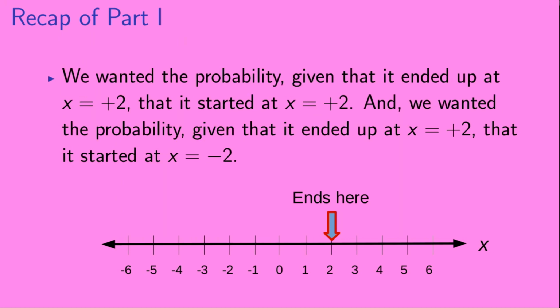We wanted the probability, given that it ended up at x equals plus 2, that it started at x equals plus 2. And we wanted the probability, given that it ended up at x equals plus 2, that it started at x equals minus 2.